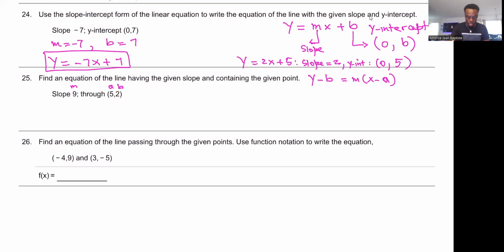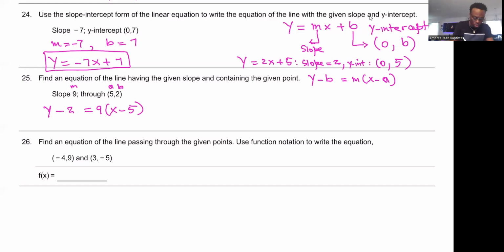Then distribute and solve for y to find the slope-intercept form of the line. So let's do this. We're going to use this formula right here. So we got y minus b, which is 2, equals m, which is 9, times x minus 5.